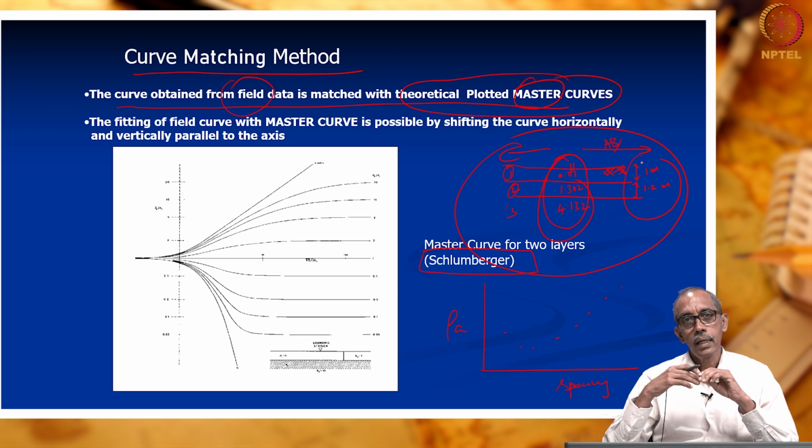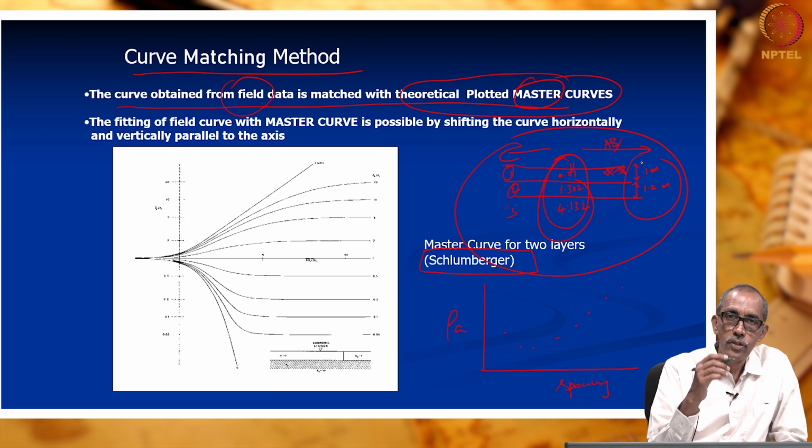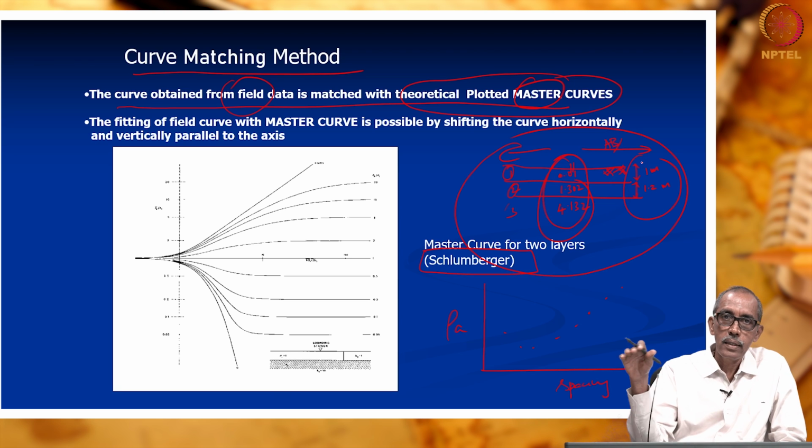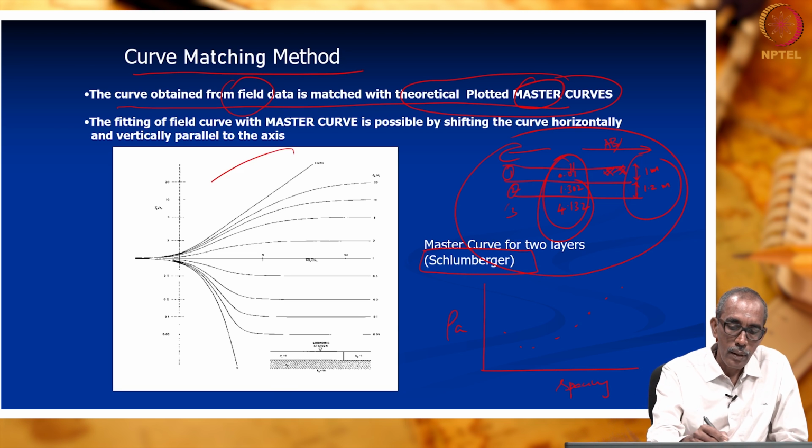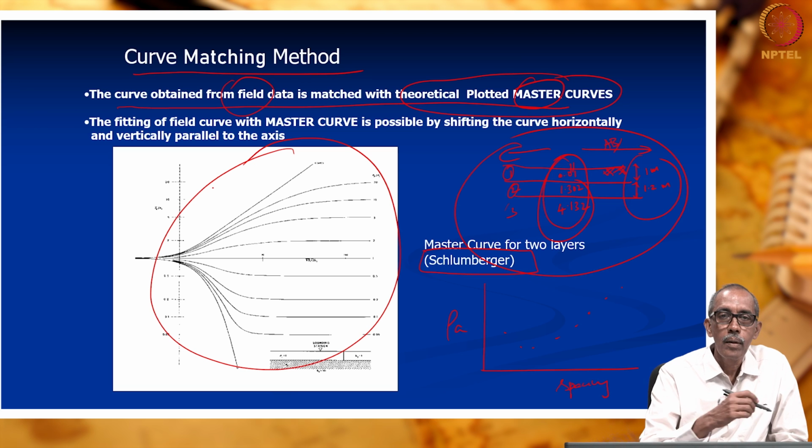Is it clear? That means, we assumed layers of different thicknesses, different true resistivities over such an assumed earth surface. If you conduct vertical electrical sounding, what is the expected apparent resistivity value has been theoretically calculated. Using these theoretical calculations, master curves are prepared.